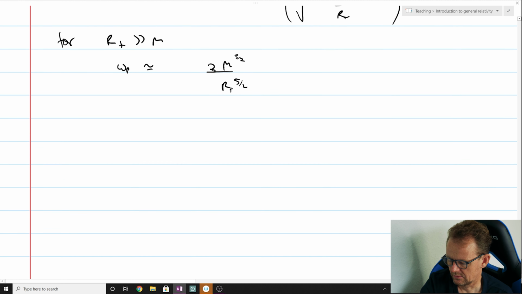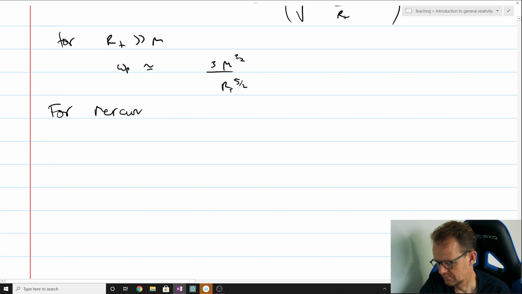Now, this is a very, very small number, but for certain celestial bodies, it's non-trivial. It's a measurable number. And in particular for Mercury, this is about 43 seconds of arc per century.